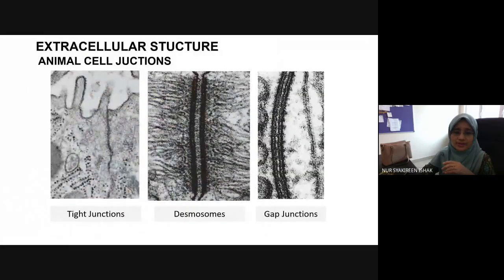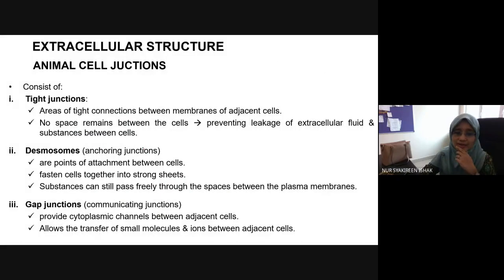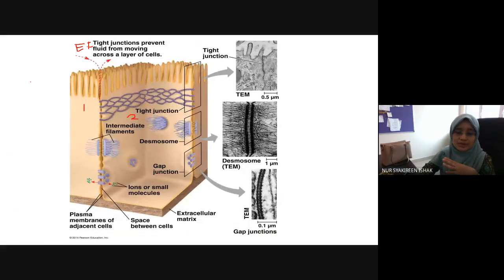And then the next one is the desmosome, which is anchoring junctions. So are points of attachment between cells. It fastens cells together into strong sheets. Okay. And then substances can still pass freely through the spaces between the plasma membrane. So this is desmosome.